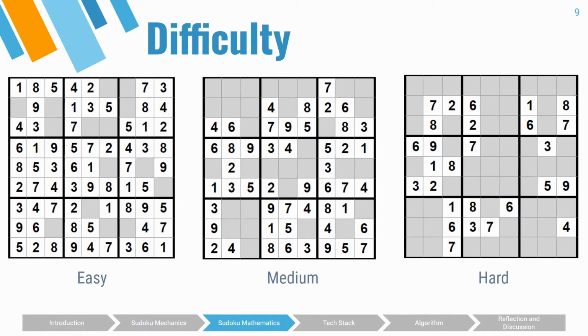The inverse applies to a Sudoku puzzle with more clues. To preserve the integrity of a Sudoku puzzle, it must have only one solution. The minimum number of clues a Sudoku puzzle can have to still be unique is 17 numbers.